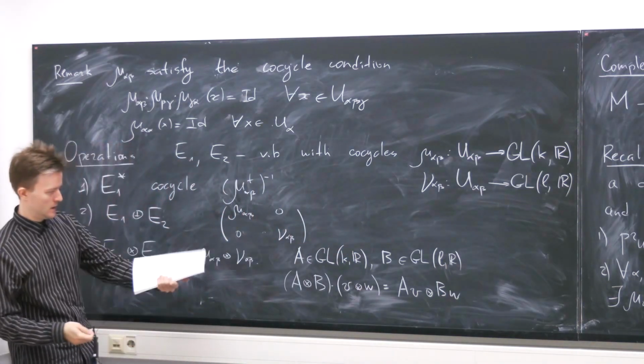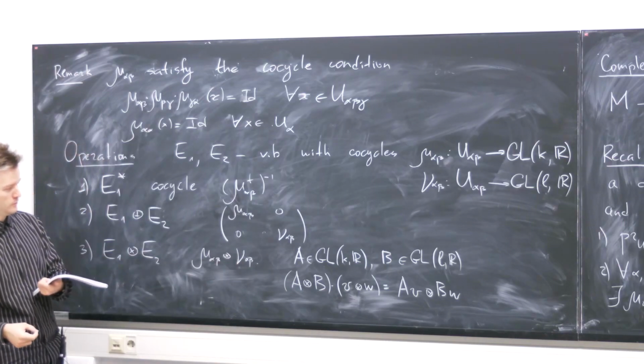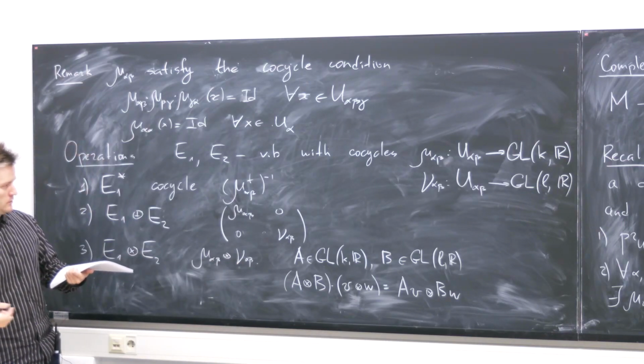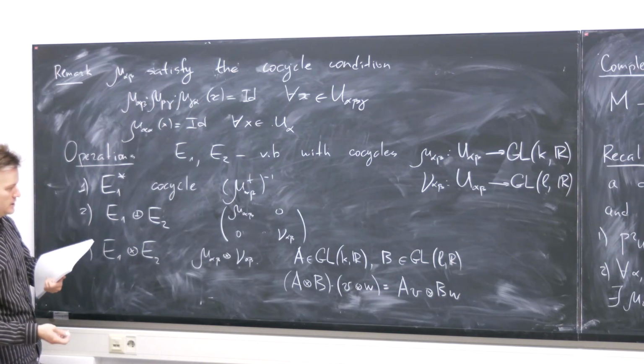Then by using this operation we can form the cocycle, which is the tensor product of two cocycles. All the conditions will be satisfied, so this gives us a well-defined vector bundle.